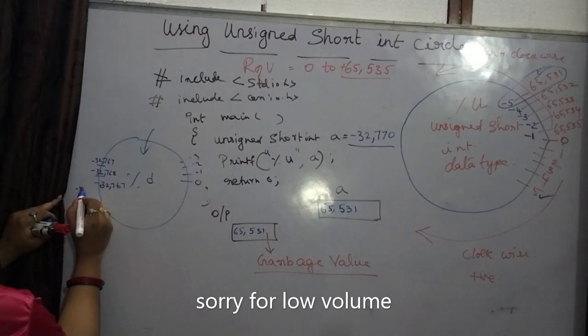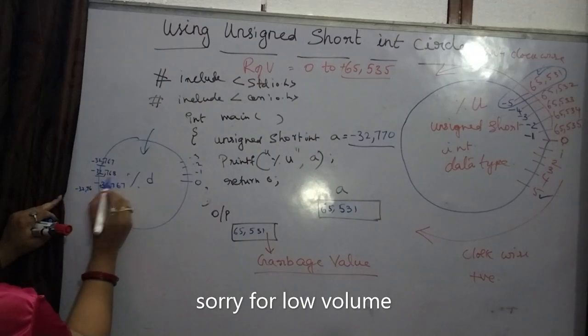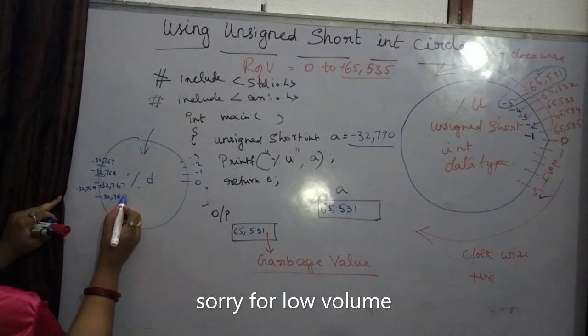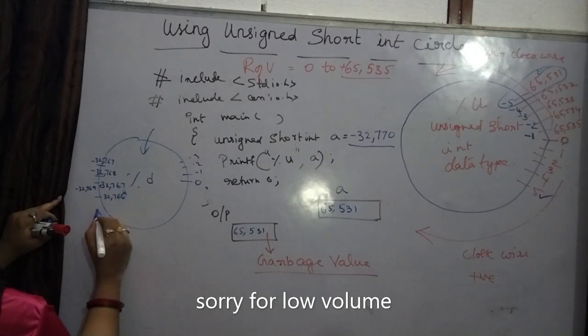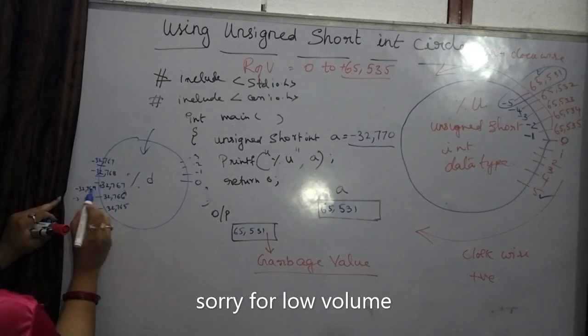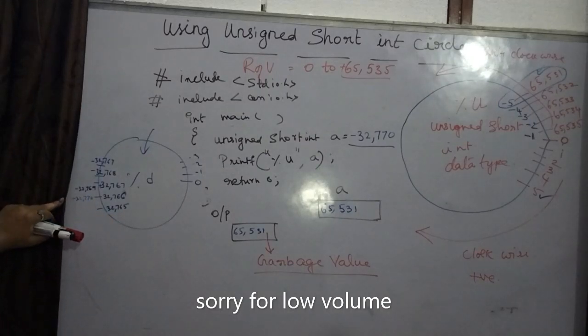So then it starts going like this. It assigns like this: 32,768, after that 9, 8, 7, 6, 32,765. Next it comes to 32,770. Then what happens?